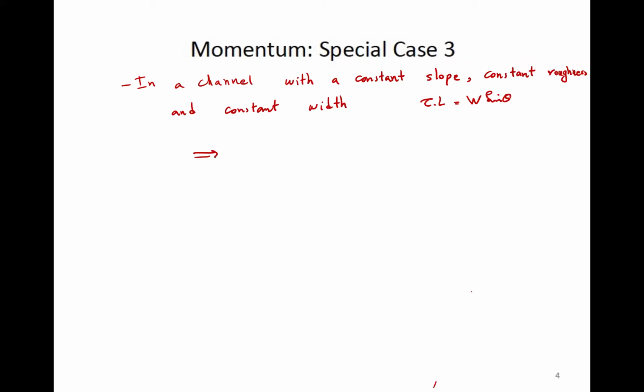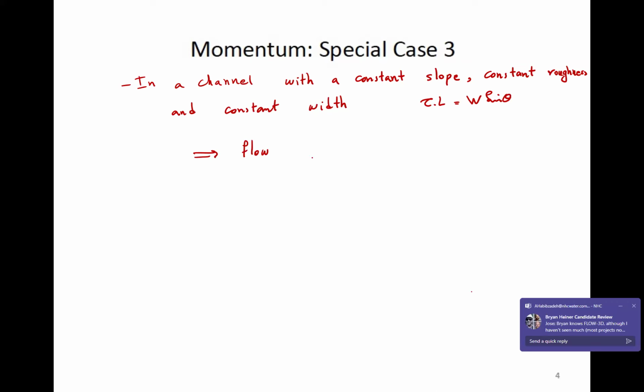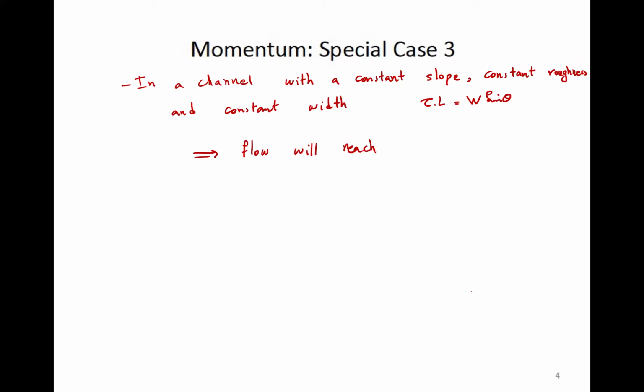It's telling us that the flow will reach kind of an equilibrium in which the driving force, weight, will be balanced by the resisting force, tau L, which is friction force. So flow will reach equilibrium.